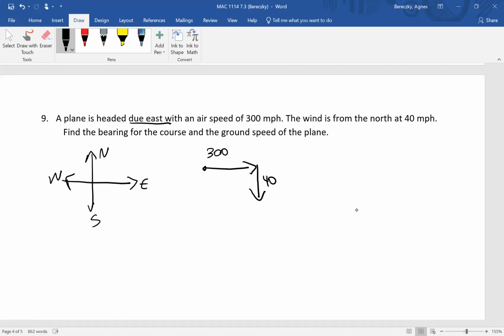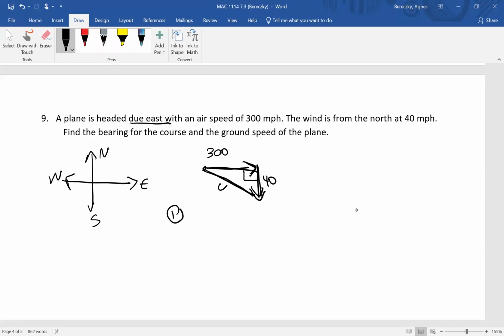So this will be the speed of the plane. The wind is the 40, so we're gonna look for the resultant. So for step number 1, we're gonna find the resultant, which is from Pythagorean identity, this is a right triangle.